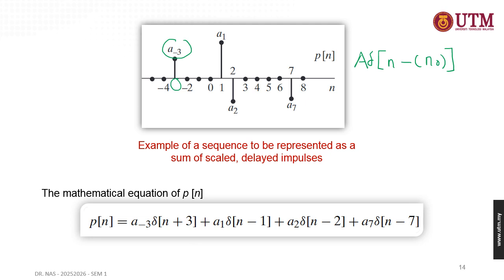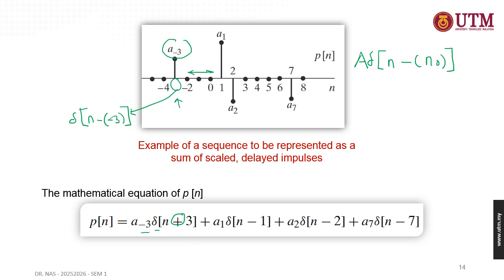The first one you have here is a −3 amplitude, and then δ[n + 3]. Why do you get plus 3 here? Because it is at negative 3 position. So δ with whatever the amplitude is, and minus n0, where n0 is minus 3. That's why you get plus 3. You don't have to consider the positions where there's no amplitude.